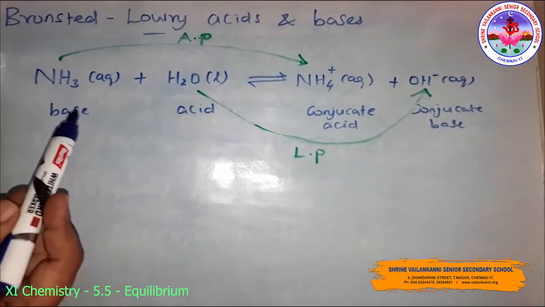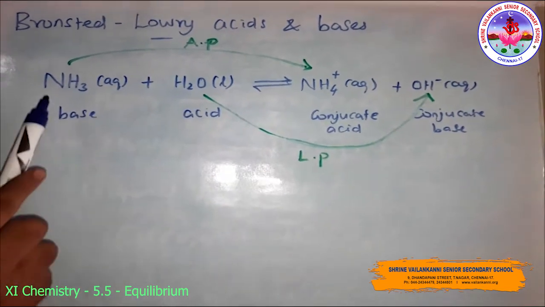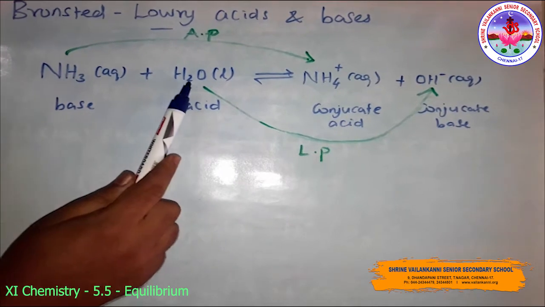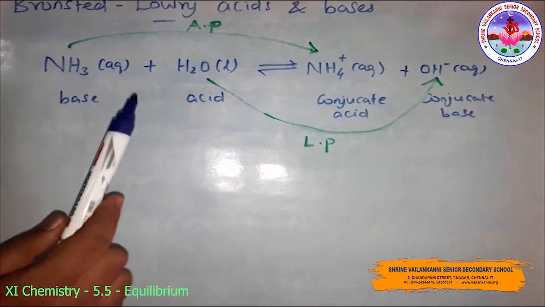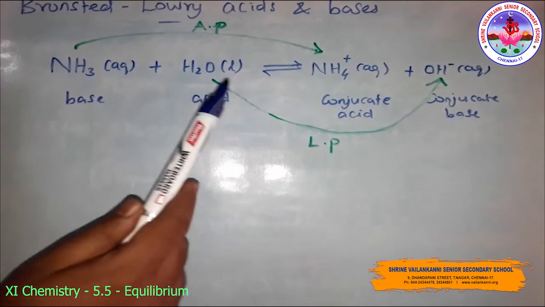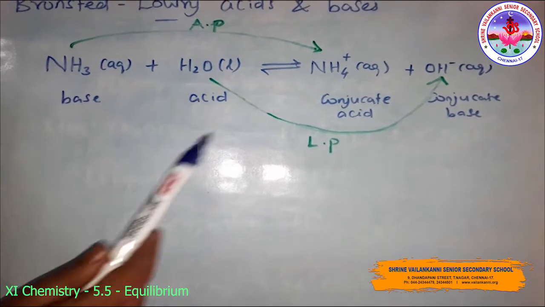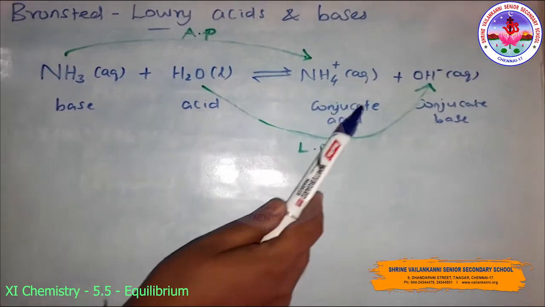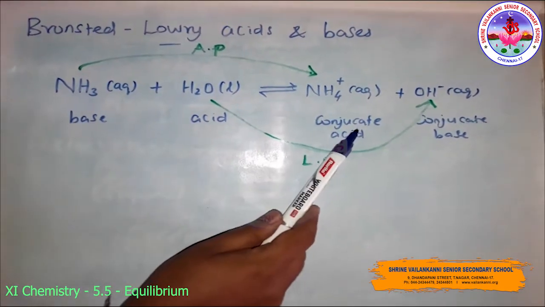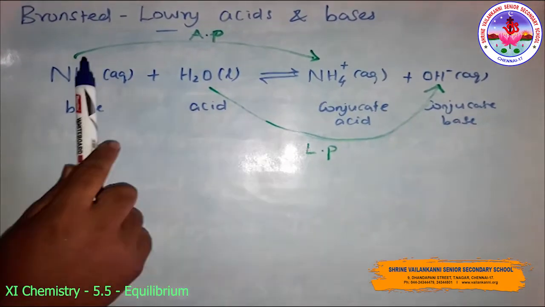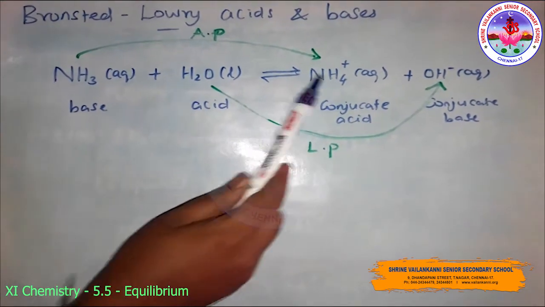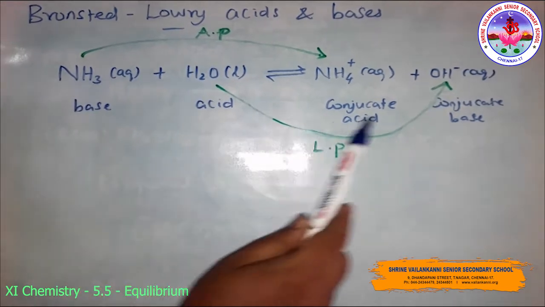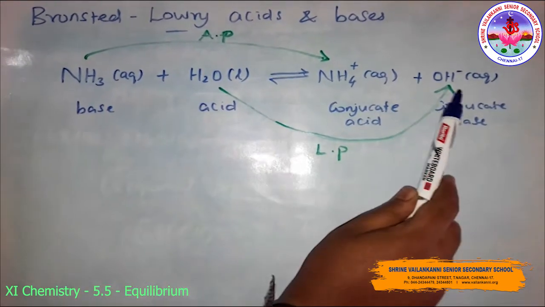Look at this example. Here NH3 reacts with water. NH3 is the base and water is the acid. The basic solution is formed due to the presence of the hydroxyl ion. Look at this. This converts to conjugate acid and conjugate base. Here the addition of a proton converts NH3 to NH4 plus. Here, the loss of a proton from H2O forms OH minus aqueous.